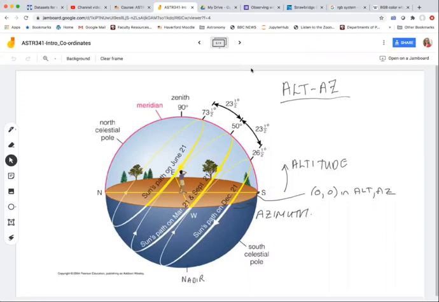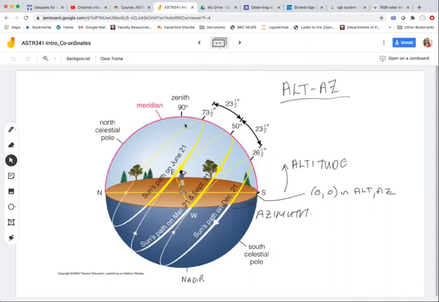There is a definition for 0, 0. So 0, 0 is the point on the horizon that's due south. I didn't know that actually until I was preparing this lecture. I don't think it's particularly important, but that concept of an alt-az coordinate system will help. A lot of telescopes are arranged on alt-az mounts.